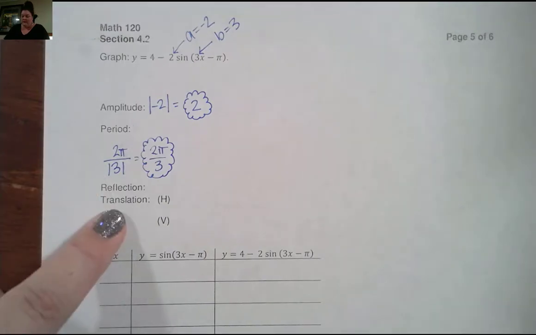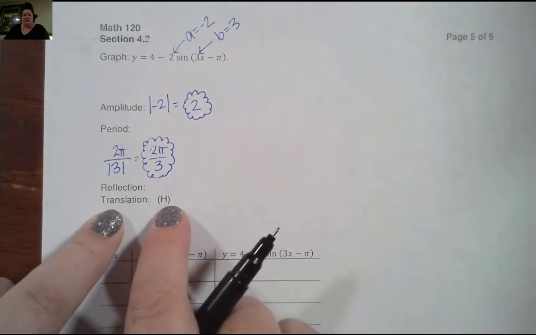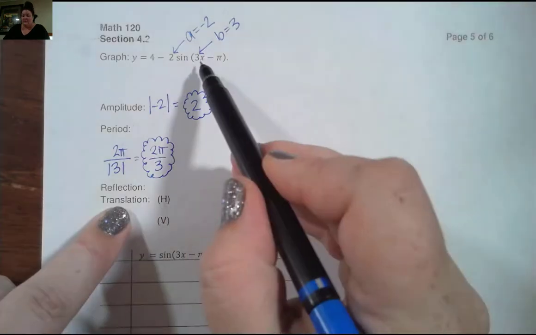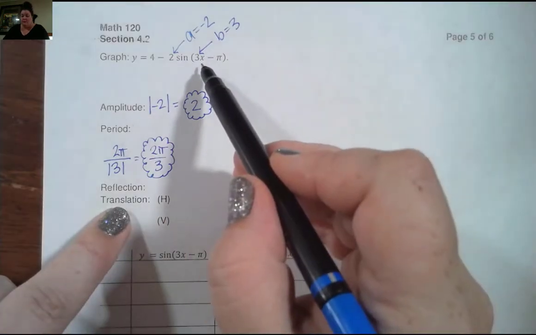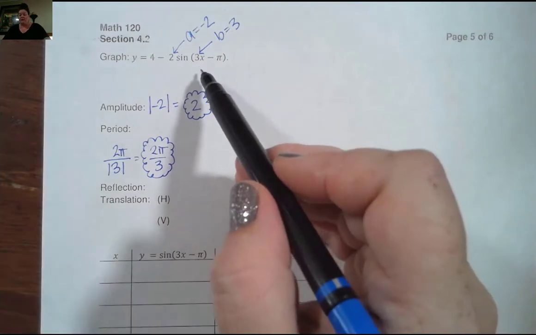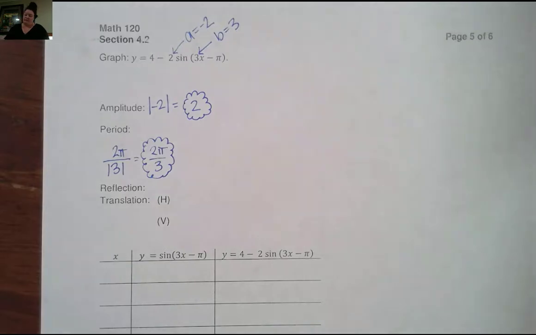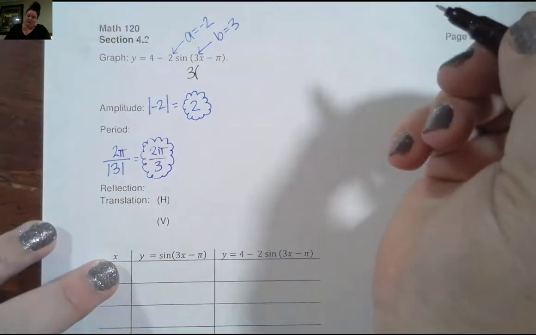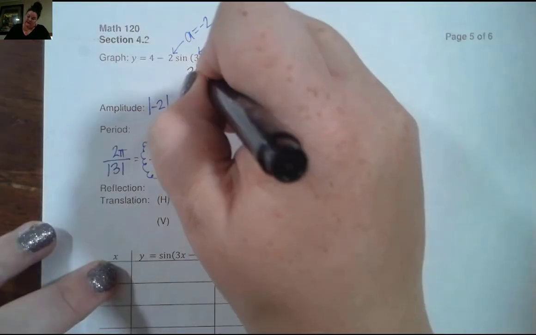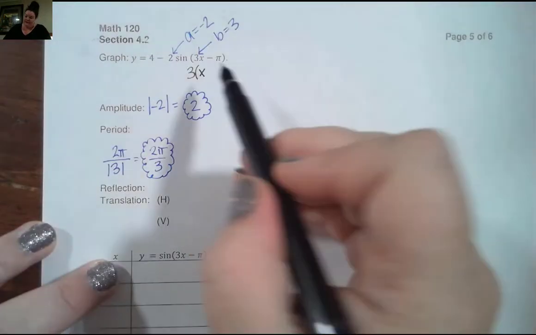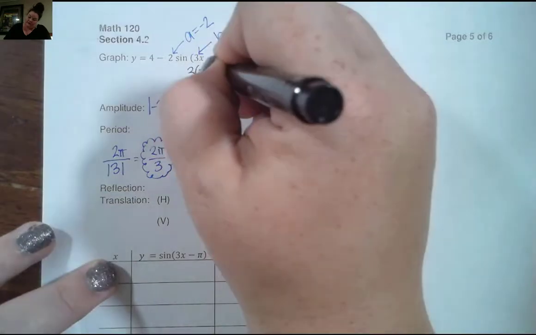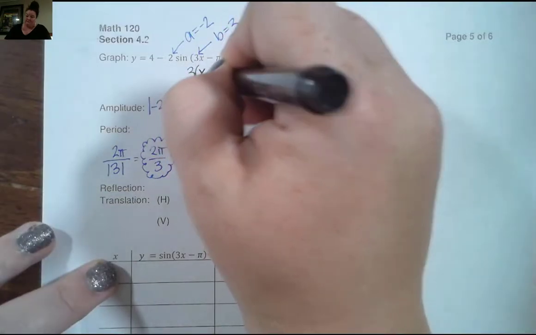And then I want to know if I have a translation or a phase shift. That's my horizontal shift. Now notice, because I have a B value that's something other than 1, if I want to know how far to the left or right I've gone, I would have to factor that 3 out. So if I factor that 3 out, that's going to leave me with an x. And if I do -pi divided by 3, that leaves me with -pi over 3.